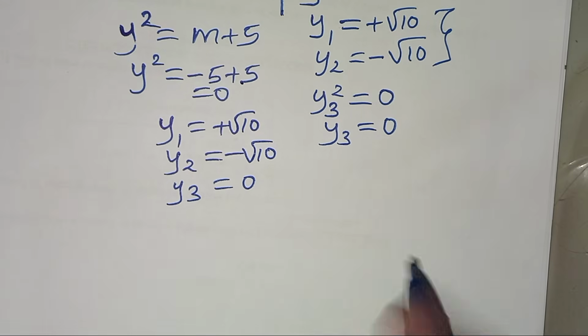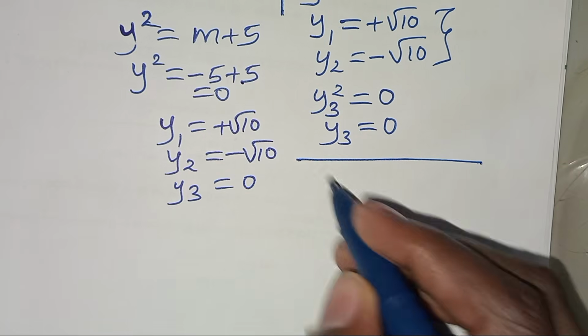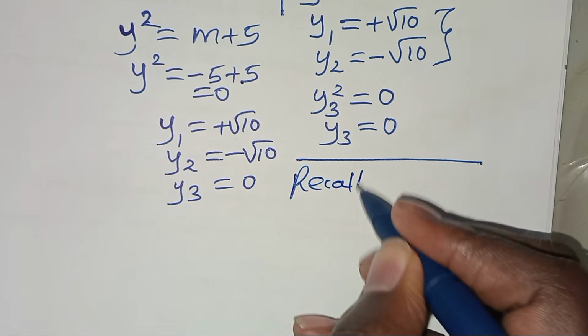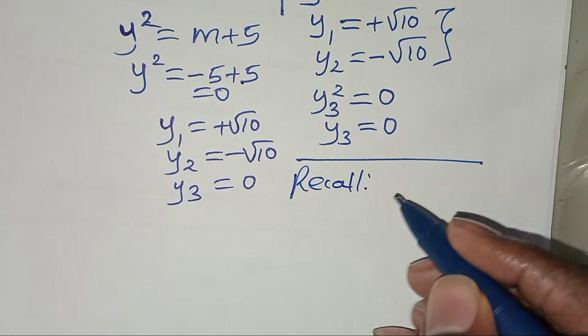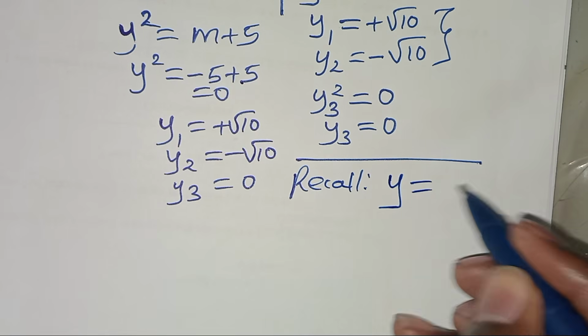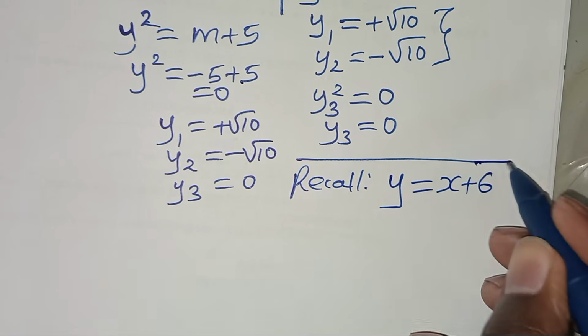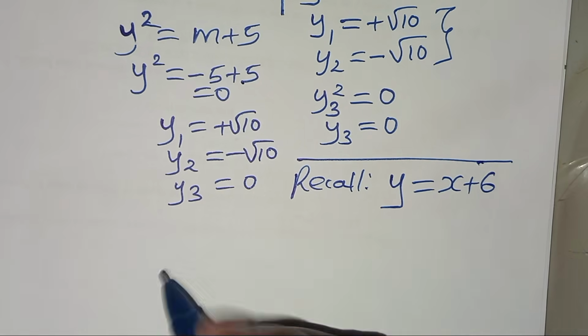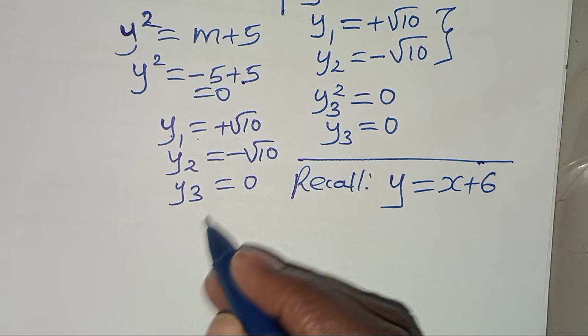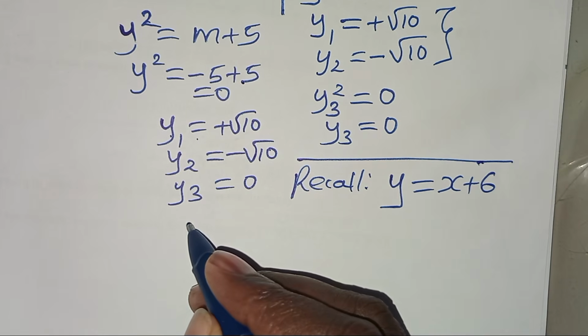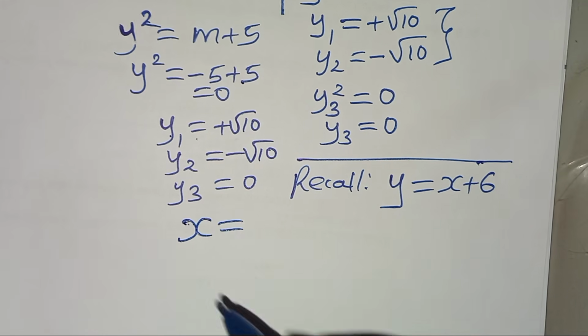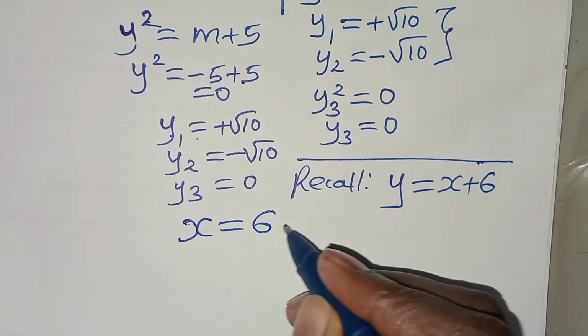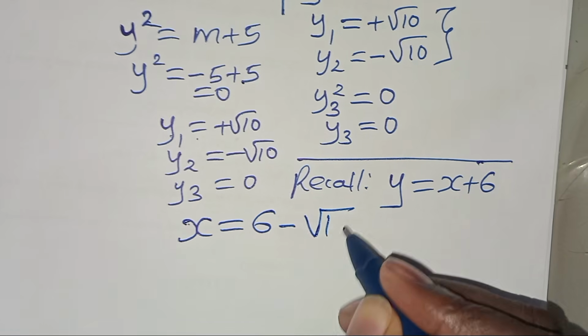Now, remember, our motive is to get the value of x. If you recall, we said that let y be equal to x plus 6. Okay? So in that case, substituting y1, we have that x is equal to 6 subtract square root of 10.